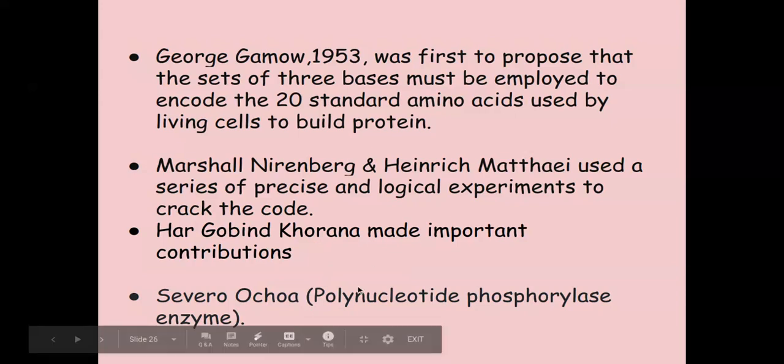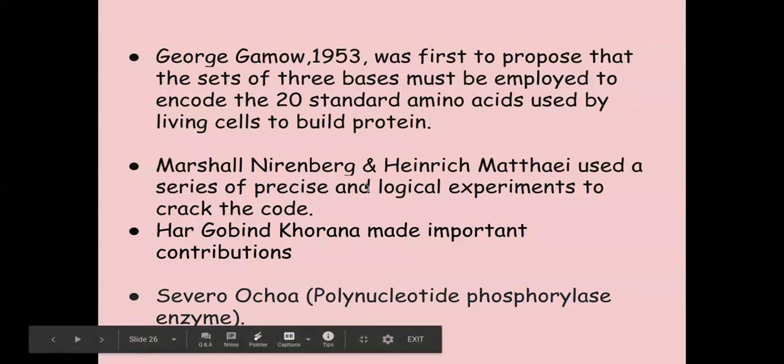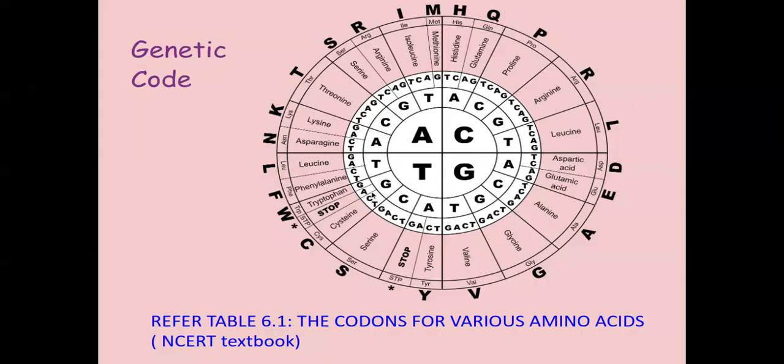And one such enzyme which is capable of synthesizing RNA is polynucleotide phosphorylase enzyme. So all these different people worked on small little bits, and finally the whole code was deciphered. So the contribution is really an outcome of all their efforts.